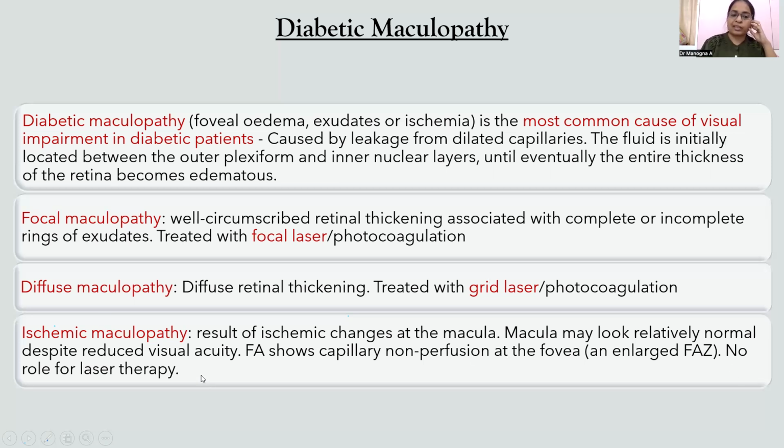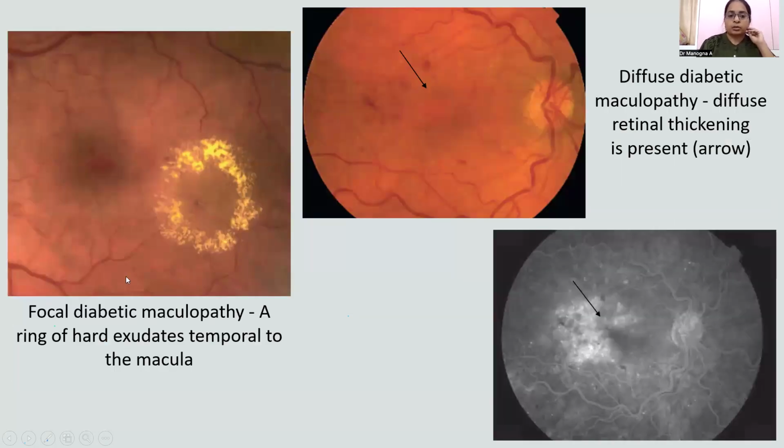So there is no use of laser in ischemic maculopathy. All right. The image on the left, for your understanding, is a focal maculopathy because it is well circumscribed. And this is a diffuse maculopathy with the arrows mentioned. This area of diffuse maculopathy, we cannot see it properly clinically, but FFA shows it clearly.